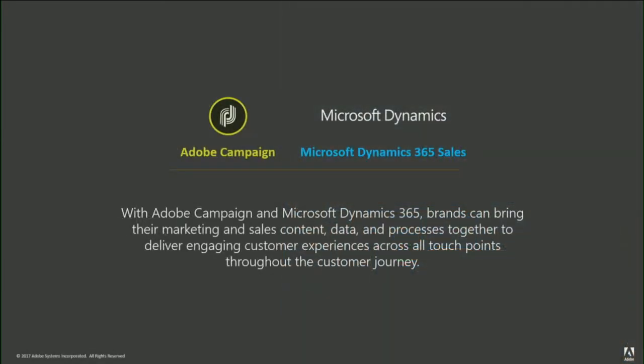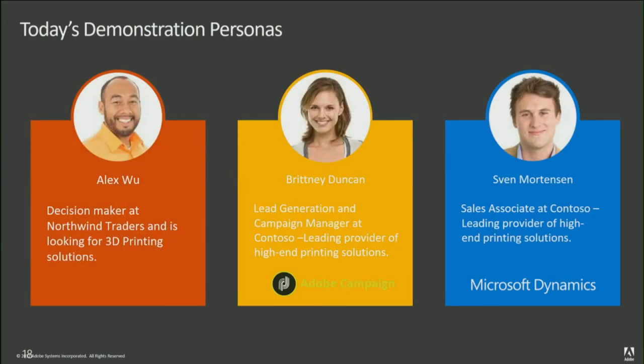Where we are currently working today is bringing two solutions together. One is Adobe Campaign, which you use for campaign orchestration, together with Microsoft Dynamics 365 for sales. And the scenario here is we've actually adopted your brands in our terminology. So we're in Contoso Manufacturing, and we have a nice 3D printer. Who works with AdventureWorks probably, right? Yeah.